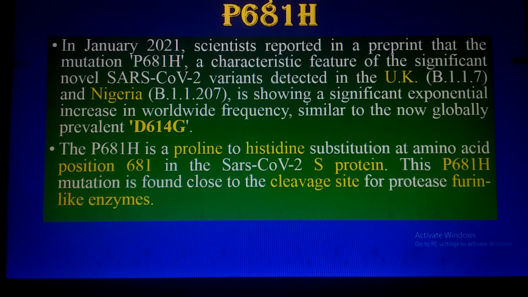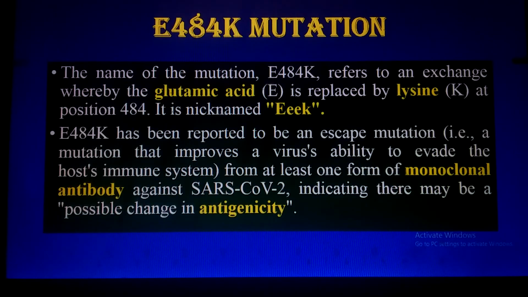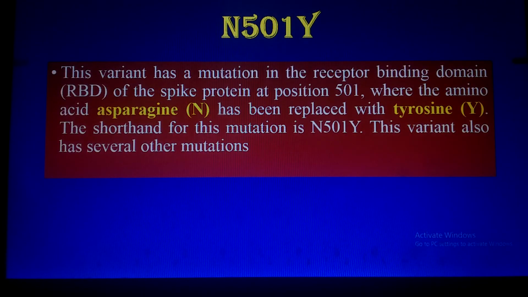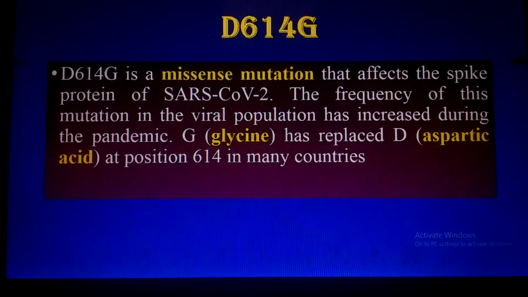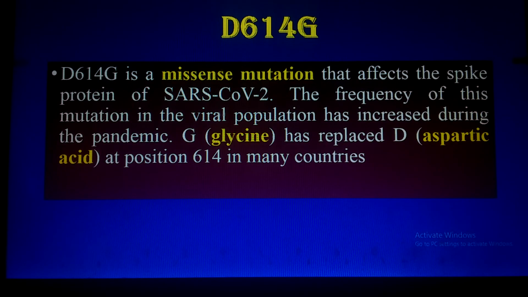Now the concept should be clear to you: why it is called the P681H mutation, why it is called the E484K mutation, why it is called the N501Y mutation. I hope the concept is clear. So what is D614G?